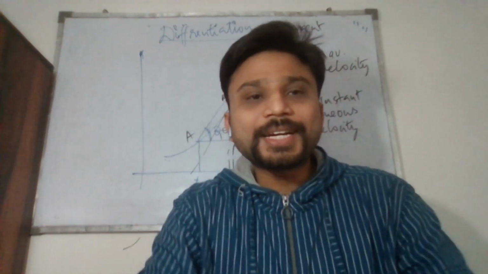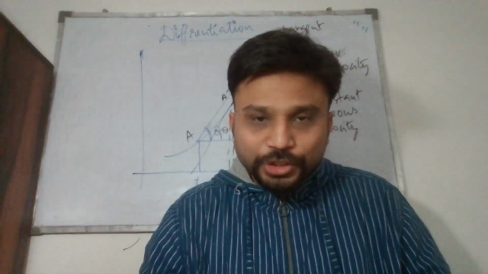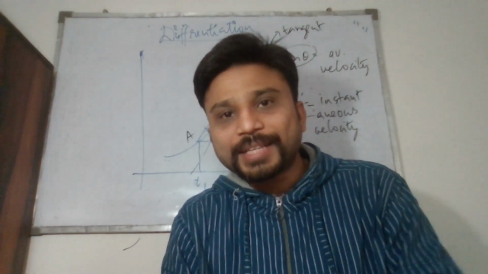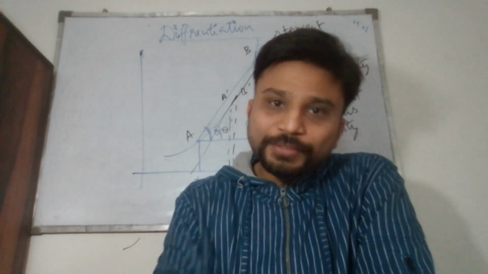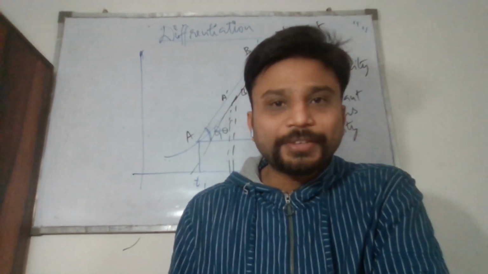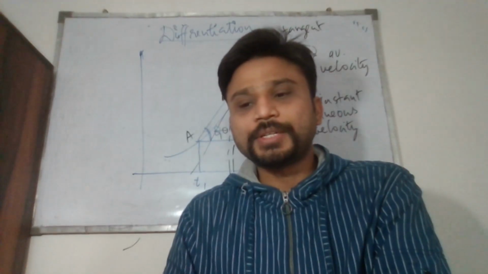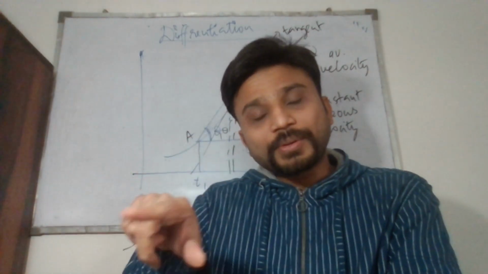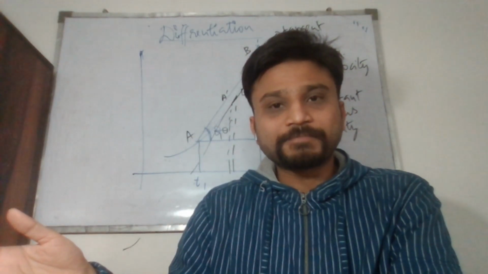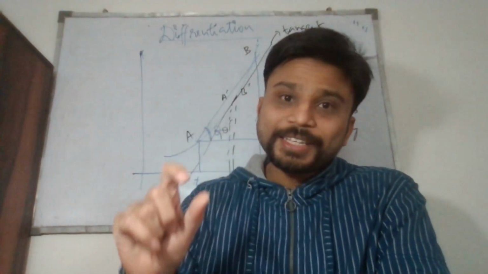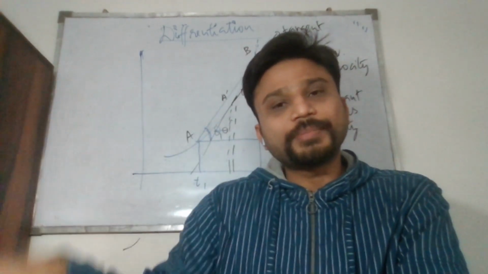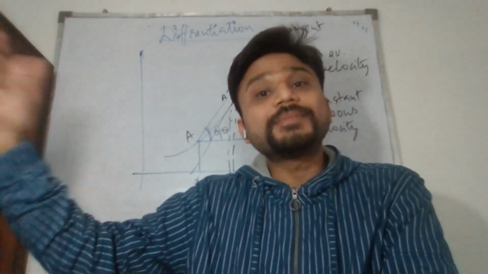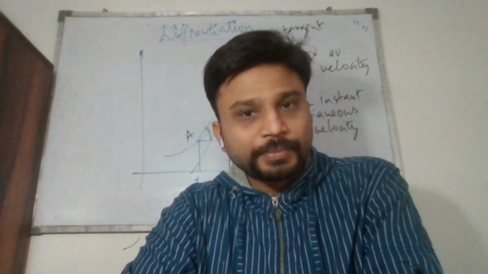So what we do is that we basically shrink that time interval to as close to zero as possible, but not zero. So that is what we have done. We have taken delta t very, very close to zero, but not zero. So that makes average velocity instantaneous velocity. That's pretty good. And in that case only, the limit delta x by delta t becomes dx by dt. And this becomes instantaneous velocity.